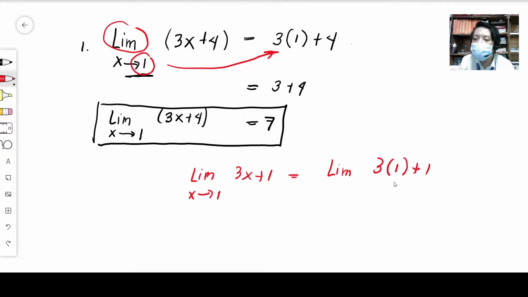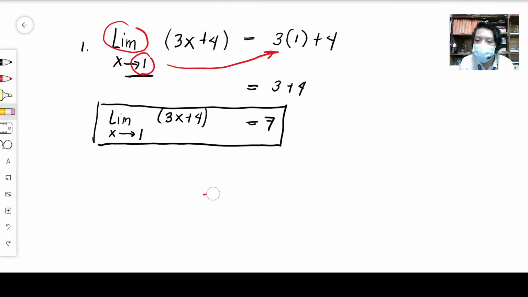This is very wrong. Once you substitute the number for x, the word limit should not be written anymore. So that's how you solve for the limit. It's just direct substitution.